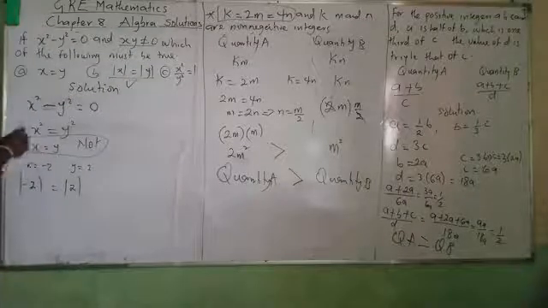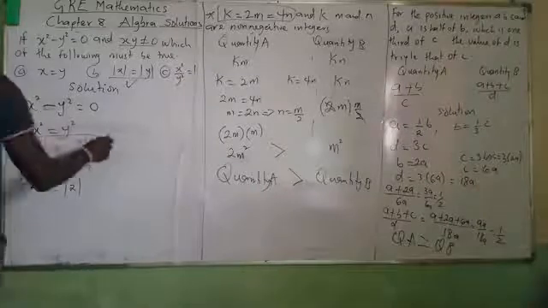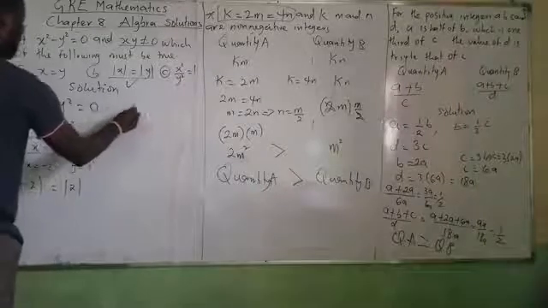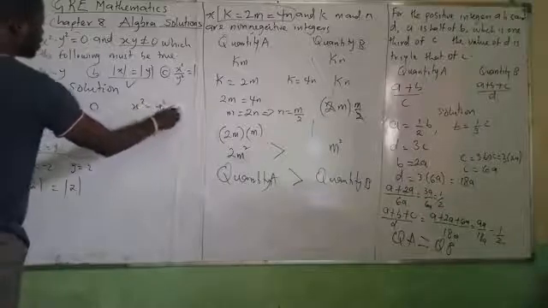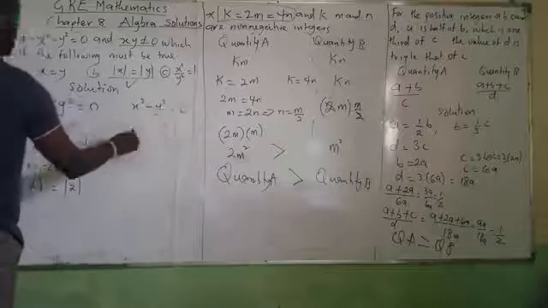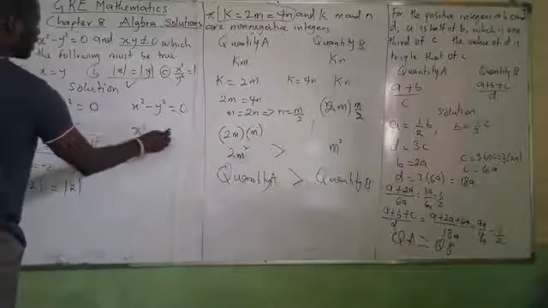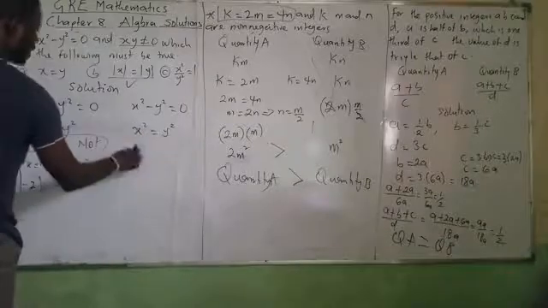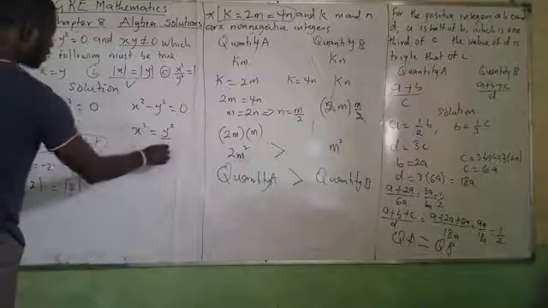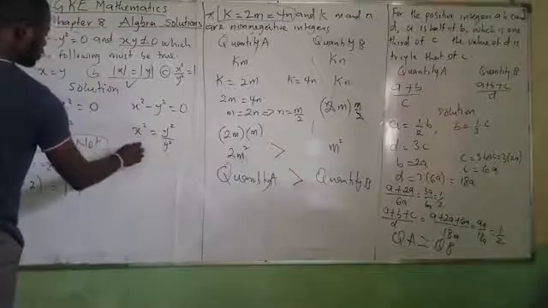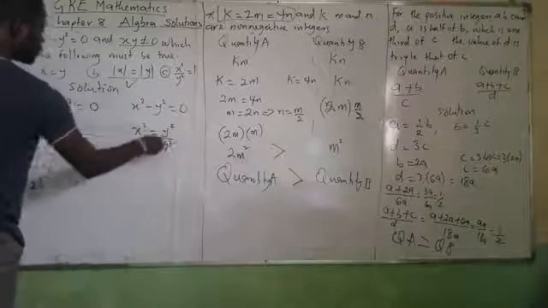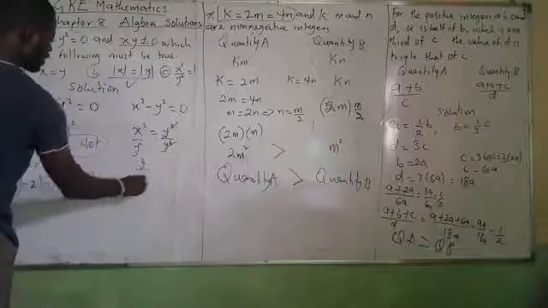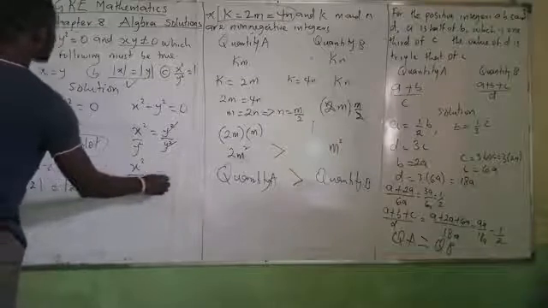Now, the next one is, I have x is not equal to 0. Look at me. I have x squared is not equal to 0. It means x squared minus y squared equals 0, so x squared equals y squared. Now, I will divide both sides by y squared. This will cancel this. Now, x squared divided by y squared equals 1.